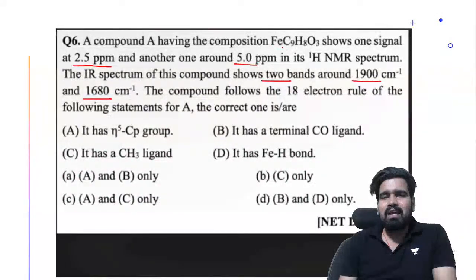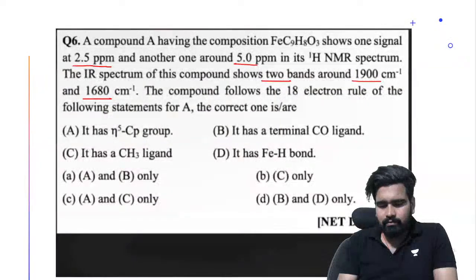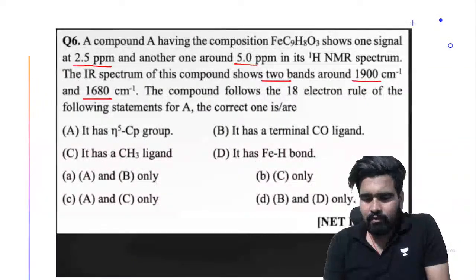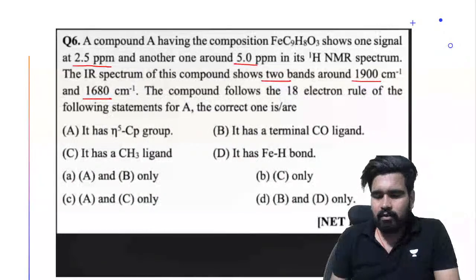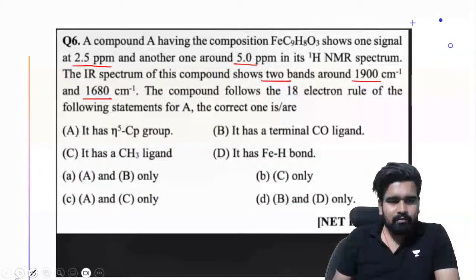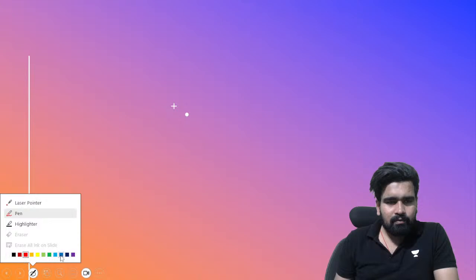First of all, you have the formula given, FeC9H8O3. What you can do? There is one Cp ring.